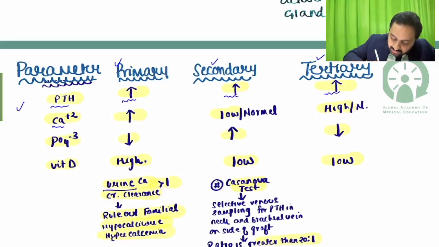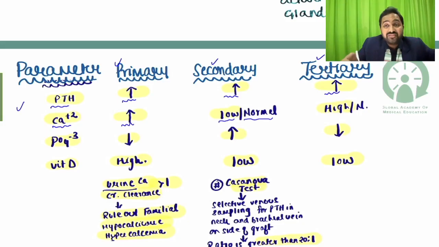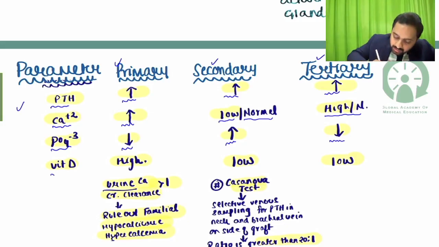The calcium levels are going to be increased in your primary. It might be low or normal in case of secondary and high in case of tertiary. Phosphate levels are decreased in primary, increased in secondary, and decreased in tertiary. Vitamin D is raised in primary, low in secondary, and low in tertiary.